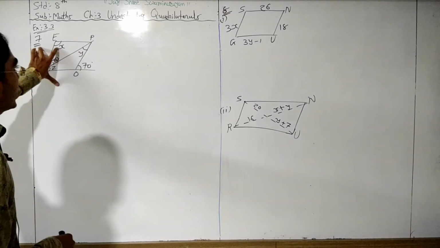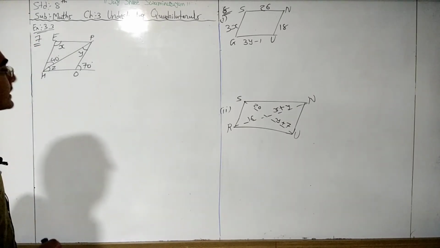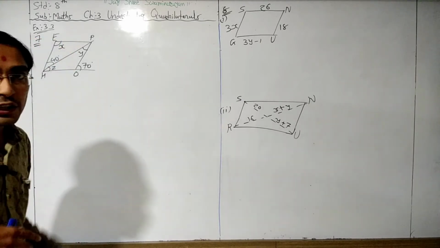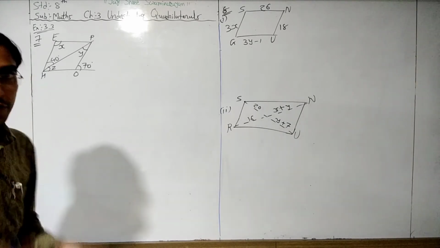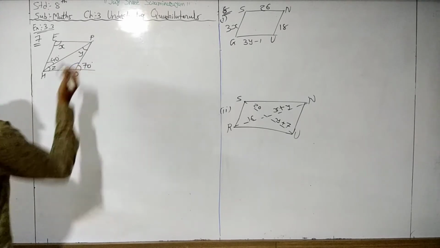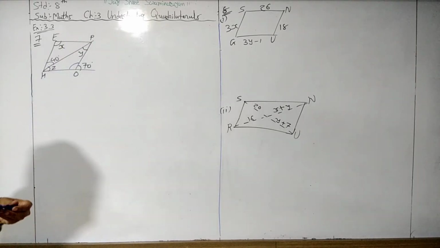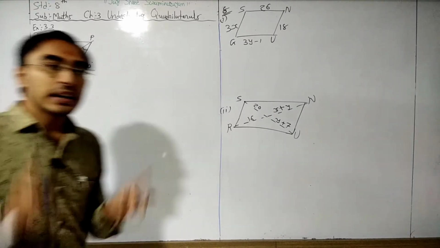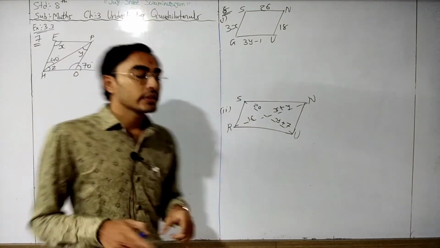First of all, for finding out the value of x, here we have two angles, right? We want the third angle, so from that we can find the value of x by using the angle sum property. But the second way is if we find this angle HOP, then HOP and x both are equal because both are opposite angles, right?